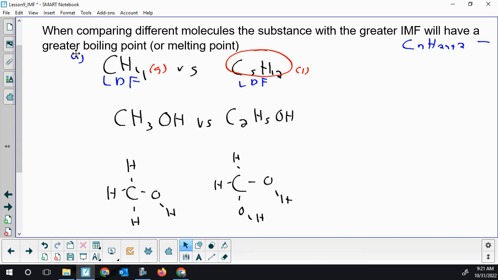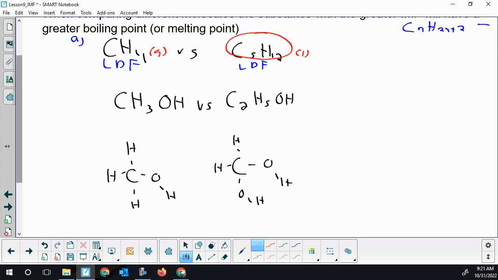The second example, you maybe needed to draw out. If you draw B out, you'll find that it is just the structure right below it. So CH3, carbon with 3 H's, then an O to an H. And I drew it bent.